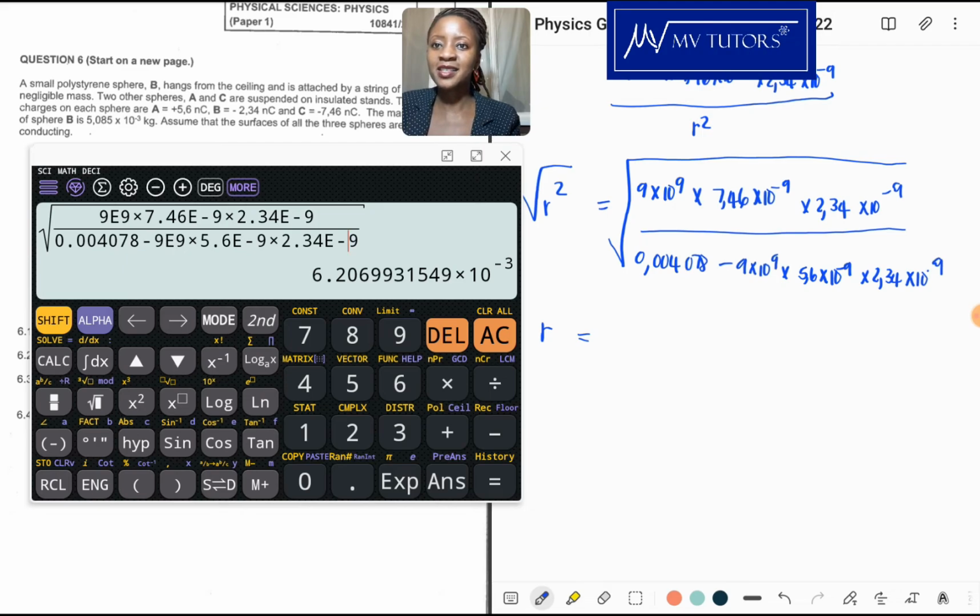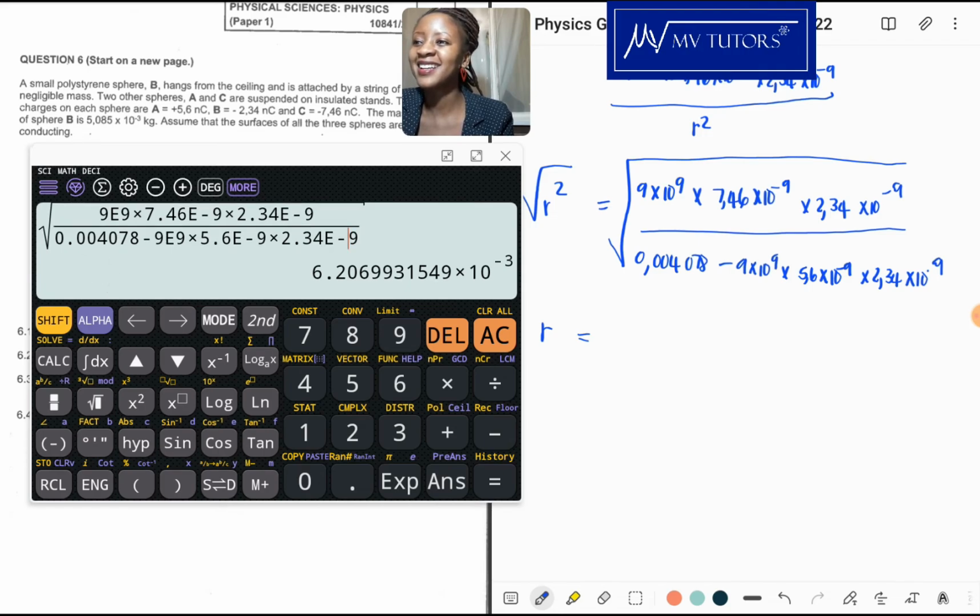No, this is not working out. You see, that's where the danger lies. Now here I am with values that are not making sense. Okay, let's try this again.